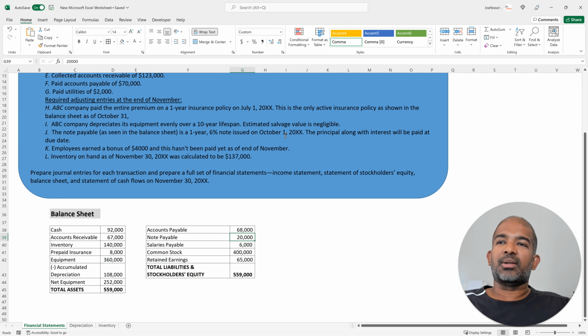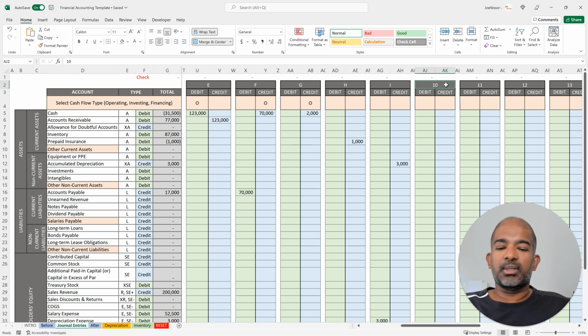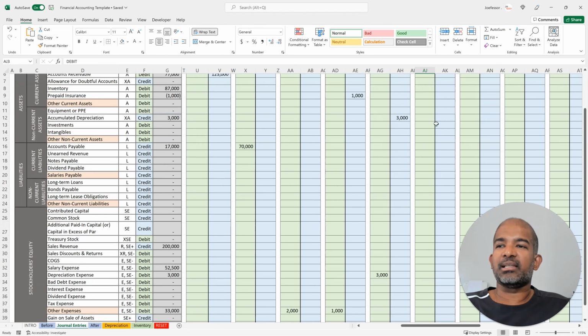Let's calculate the interest that is owed every month, even though it will be paid only on the due date. 6% of 20,000 is 1,200. That's the interest owed for the whole year, but per month the interest owed is $100, which is $1,200 divided by 12. So the interest owed has increased by $100 with every passing month.